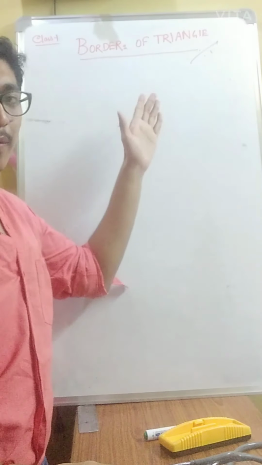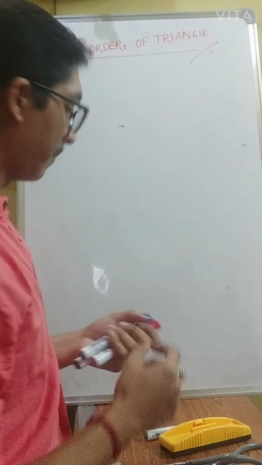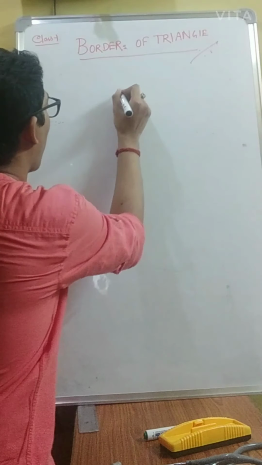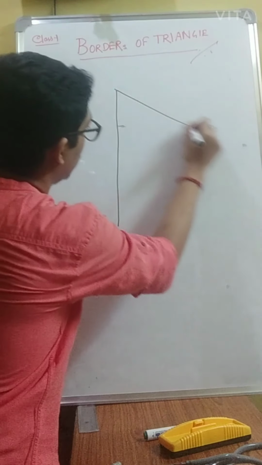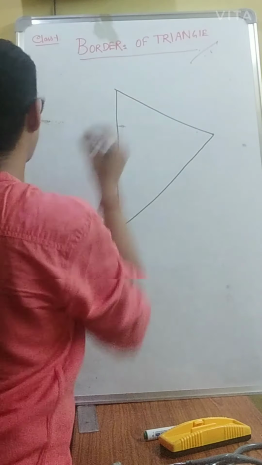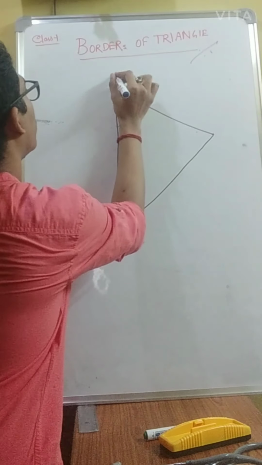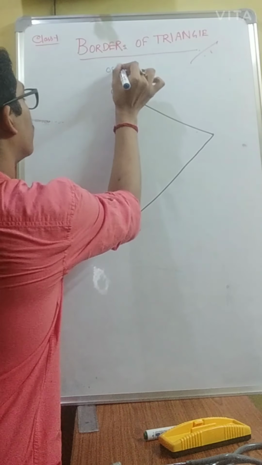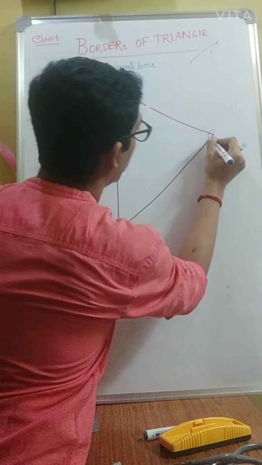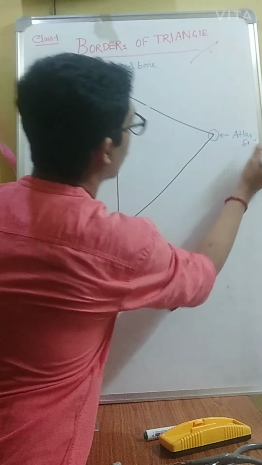Now we will move to our next topic, the borders of this triangle. This triangle looks somewhat like this. This point is formed by the occipital bone. This is formed by the atlas, C1 vertebra.